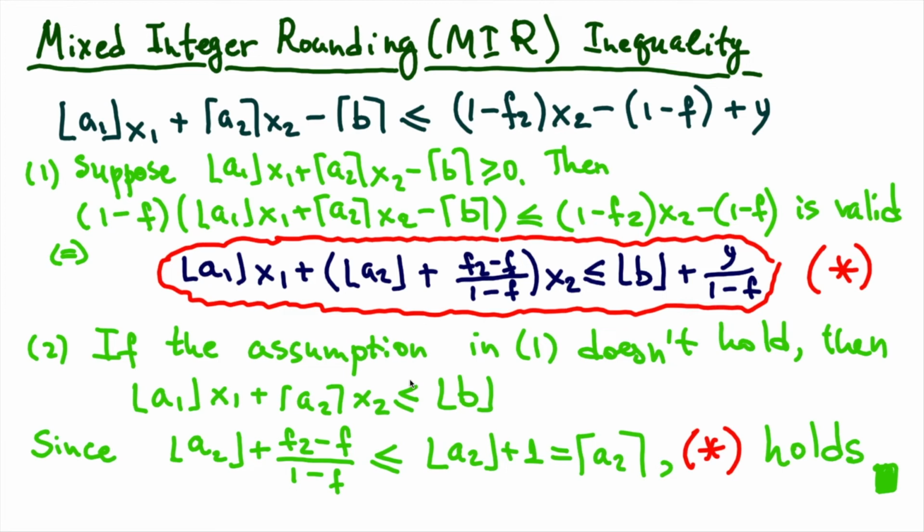And this is what we essentially do to obtain the mixed integer rounding inequality.